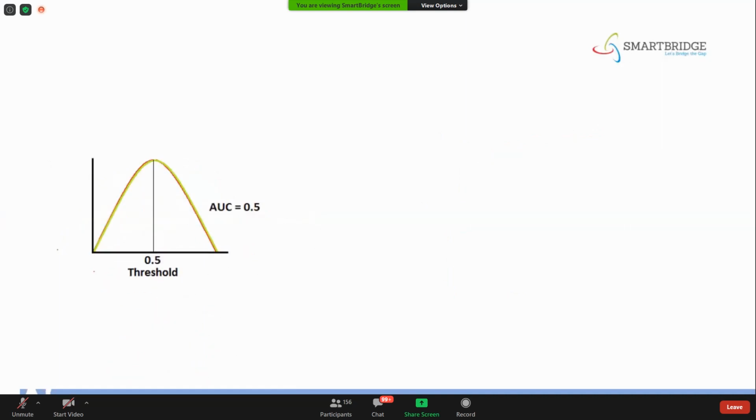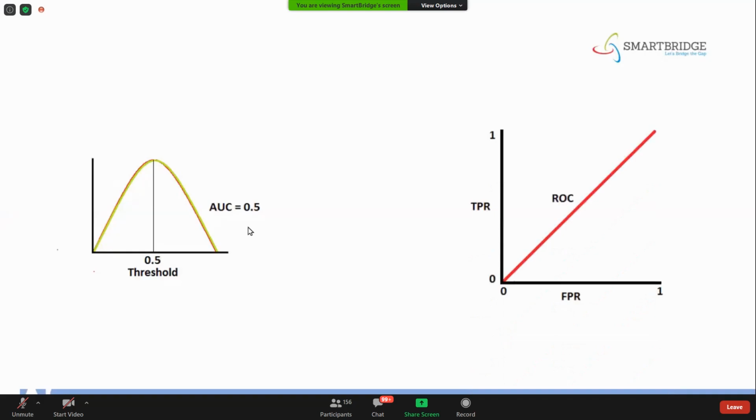If your model is unable to predict anything, predicting 50% as yeses and 50% as no's, then your AUC will be 0.5 and the graph will be a straight line passing through the origin. So this is how you will be plotting the AUC-ROC curves.